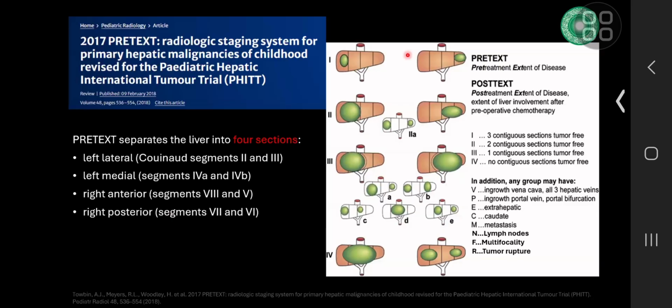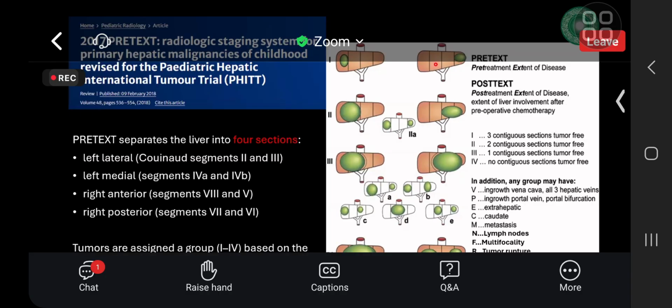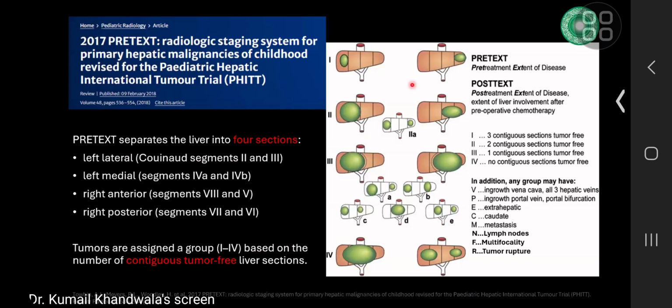Now, tumors are assigned group 1 to 4 based on the number of contiguous tumor-free liver sections. Now, for it to be contiguous, they have to be adjacent to one another, right? So PRETEXT 1 is when the lesion is located within one section and 3 contiguous sections are tumor-free. PRETEXT 2 is when there are 2 contiguous sections of the liver which are tumor-free.